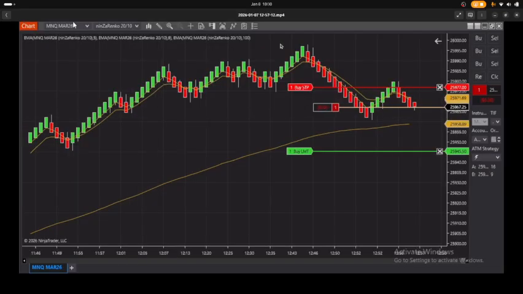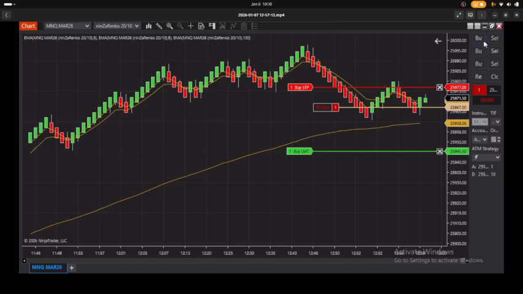And I went short again. Looks like I don't like what I see on the lower time frame. About to close it.